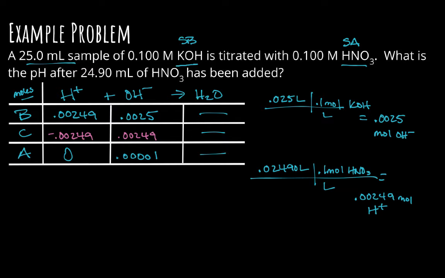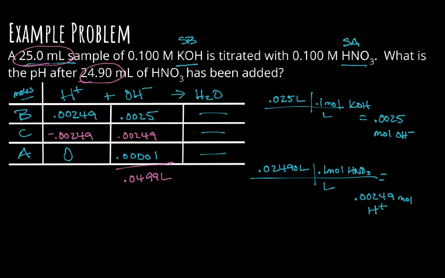Now before I can calculate a pH, I have to figure out what the actual concentration is, because right now this 0.00001 is moles. To figure out what I'm going to divide by, I'm going to add my volumes together. I had 25 milliliters and 24.9 milliliters, which is 0.0499 liters.